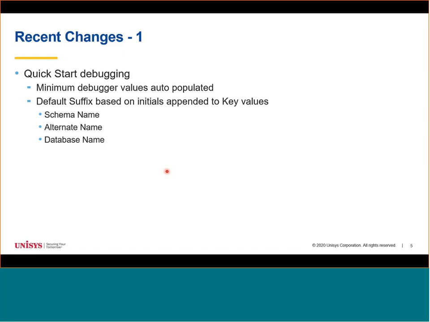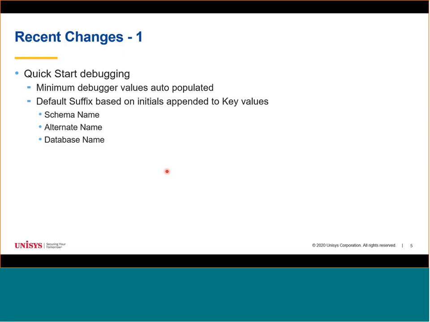Essentially what this does is populate the minimum values that are needed automatically for you. Anybody who's familiar with using Debugger will probably understand these, but there are some key fields that you need to put in. So, schema name.